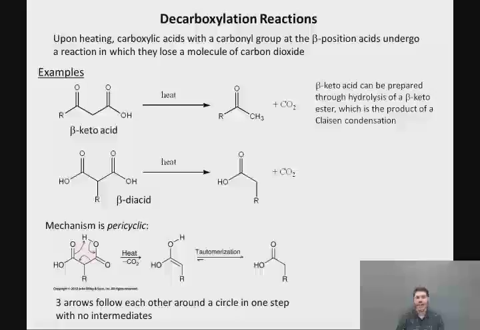And then the enol, of course, is going to undergo tautomerization, in this case, back to the carbonyl group, and that will give you the carboxylic acid product that you expect out of this reaction. So this tautomerization, of course, is going to be very favorable in the direction shown because you would rather have a CO pi bond than a CC pi bond.